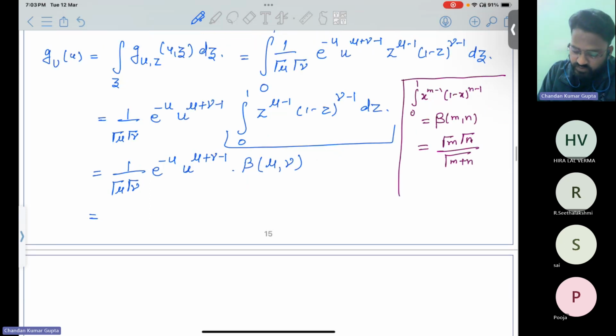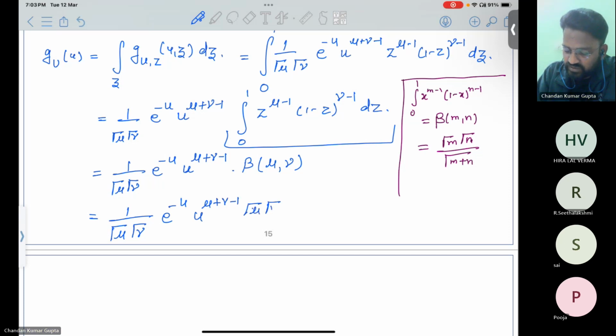And beta of mu, nu can be evaluated as gamma mu gamma nu upon gamma of mu plus nu.